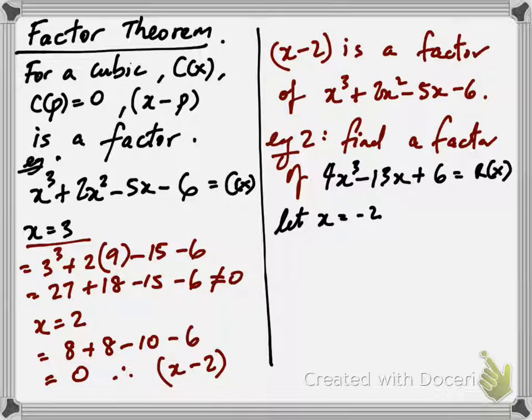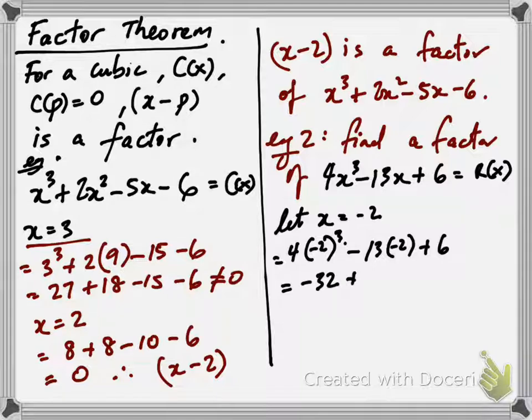Let's see what happens. You will get 4 times negative 2 to the power 3, minus 13 times negative 2, plus 6. Negative 2 cubed would be negative 8, times 4 is negative 32, plus 26, plus 6.